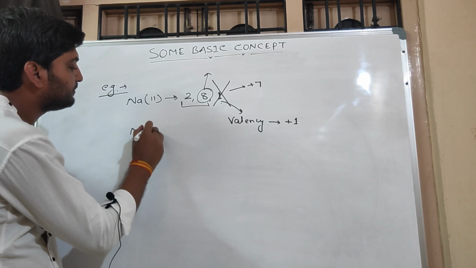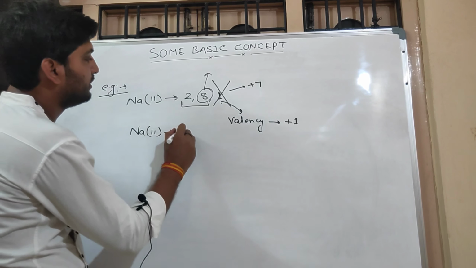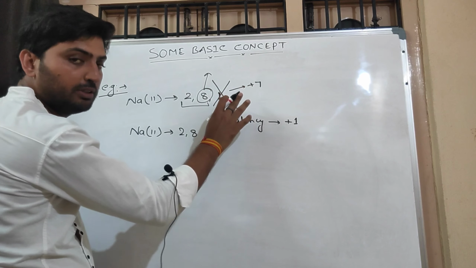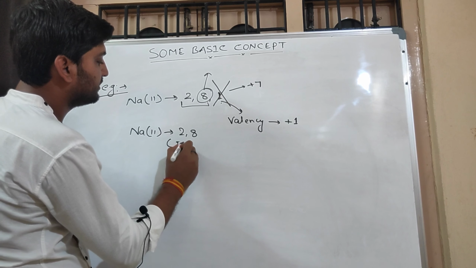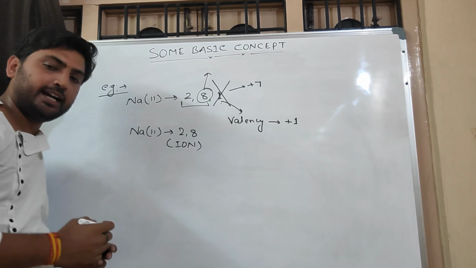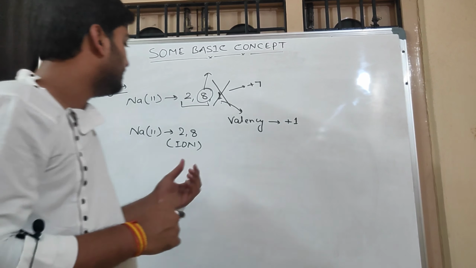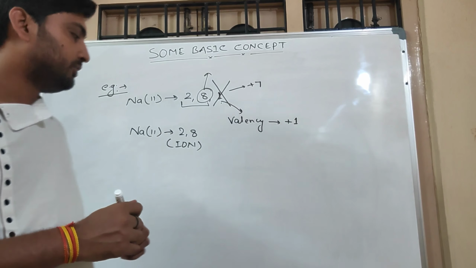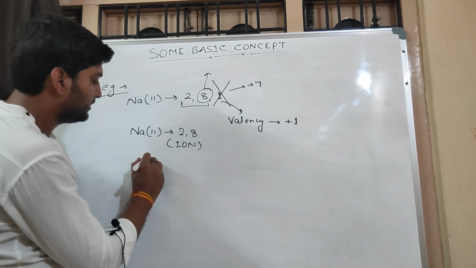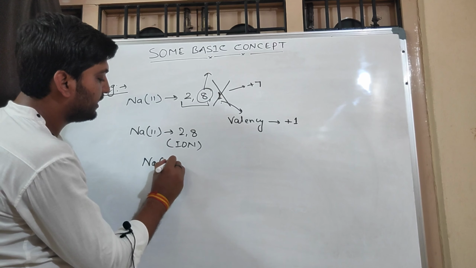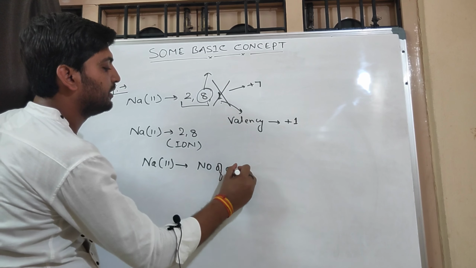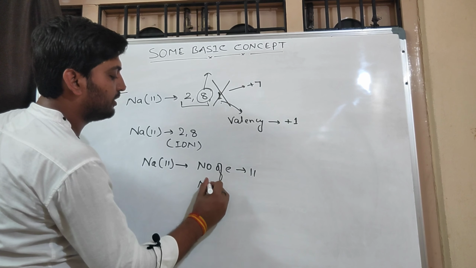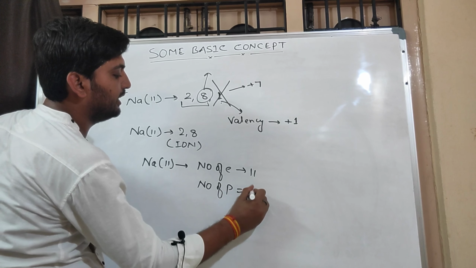Now it will become 2, 8, and this 1 will go away. That's why it will become an ion, from atom to ion, because now it has a charge. If sodium has atomic number 11, the number of electrons is 11 and the number of protons is 11.